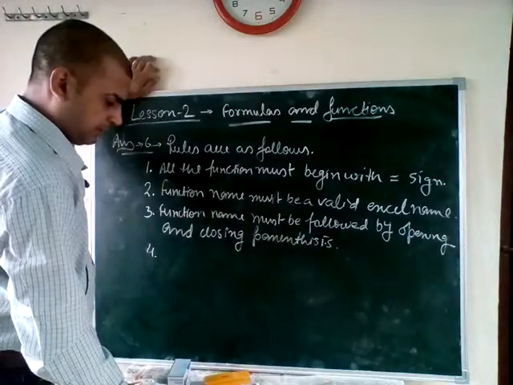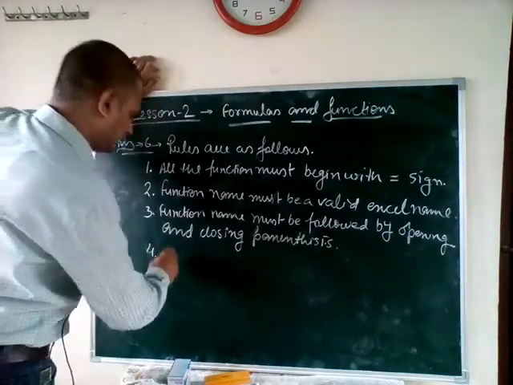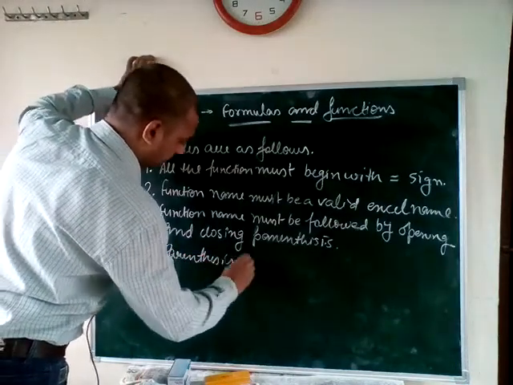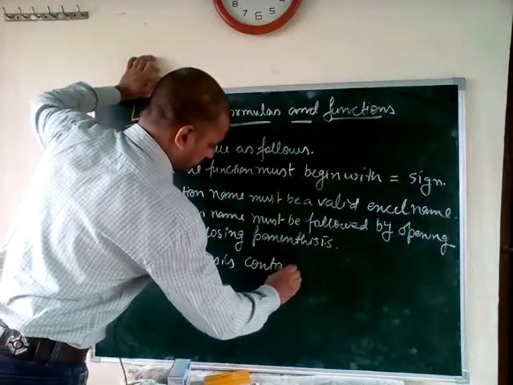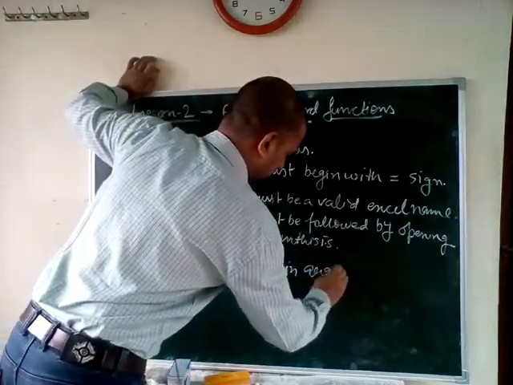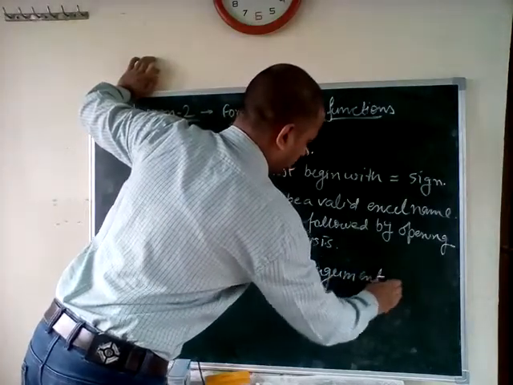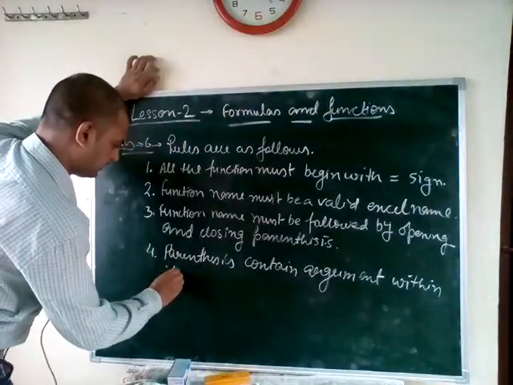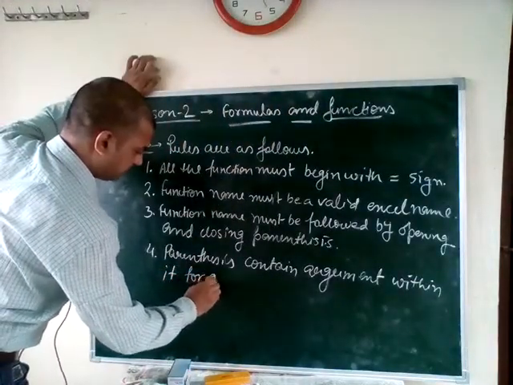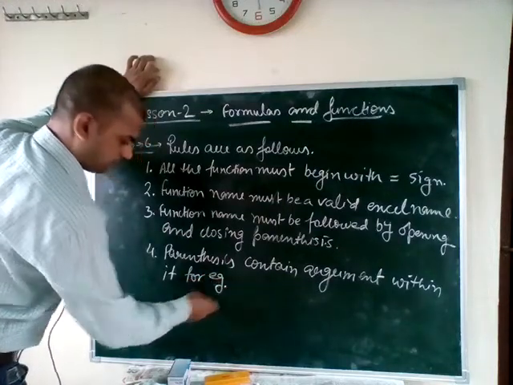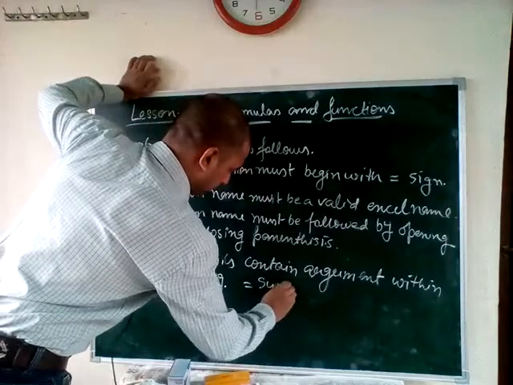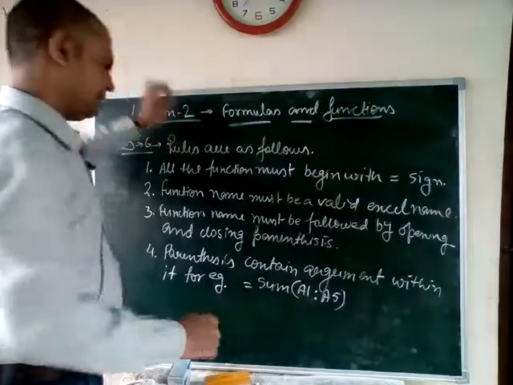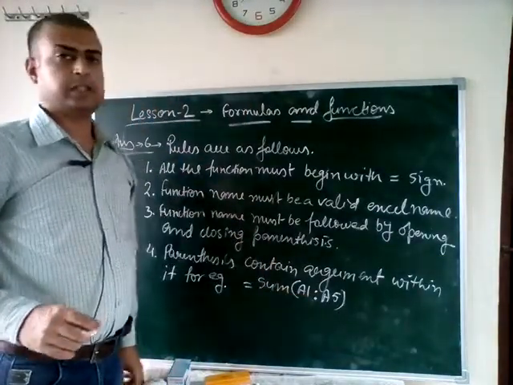Number 4, parentheses contain arguments within it. For example, SUM(A1:A5). So this is the parenthesis, this is the argument in it.